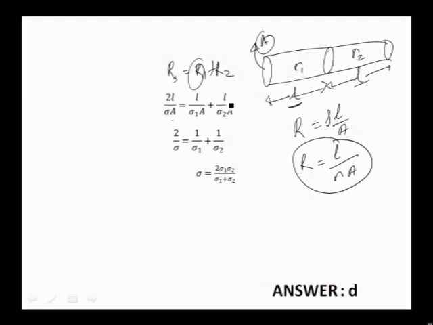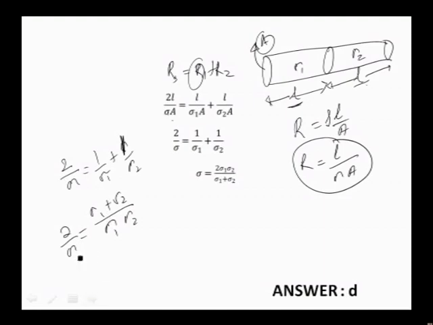Here the length is the same, the area is the same, so take it common and cancel, and we get 2 divided by sigma equals 1 divided by sigma 1 plus 1 divided by sigma 2. Simplifying, that is (sigma 1 plus sigma 2) divided by sigma 1 sigma 2, equal to 2 divided by sigma.